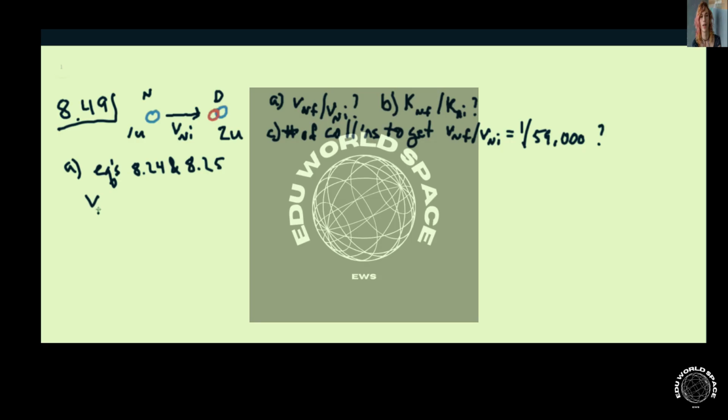we see that the final speed of the neutron is going to be the difference of the masses divided by the sum of the masses times its initial speed.